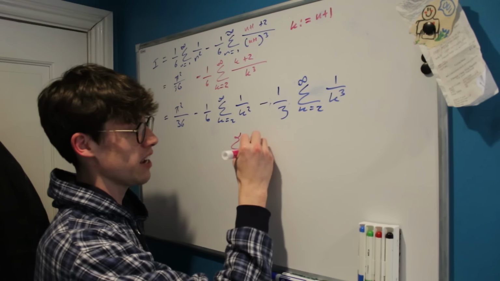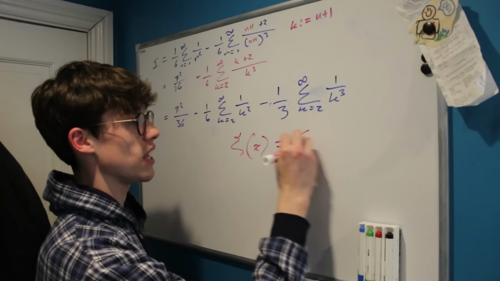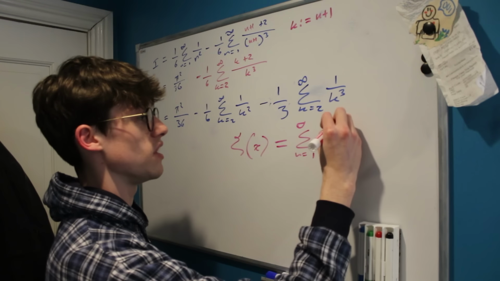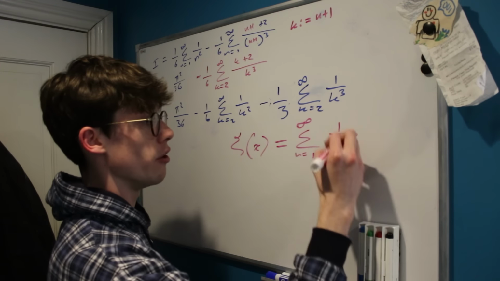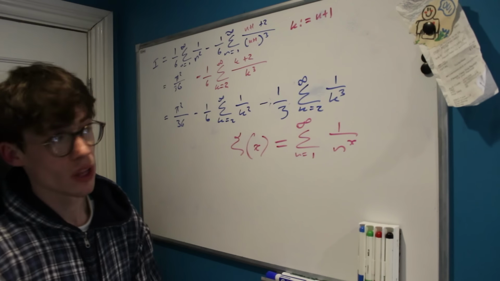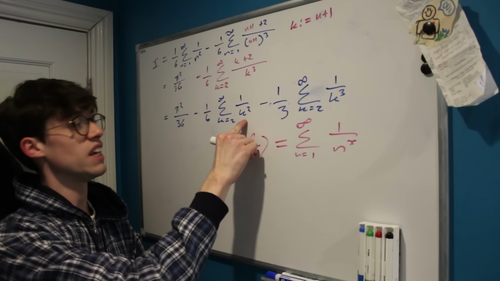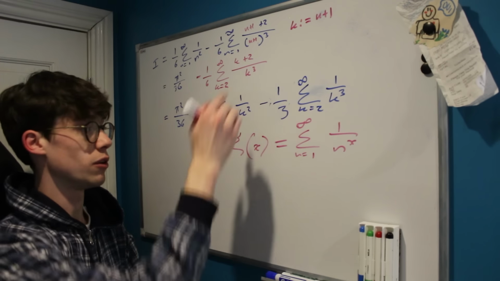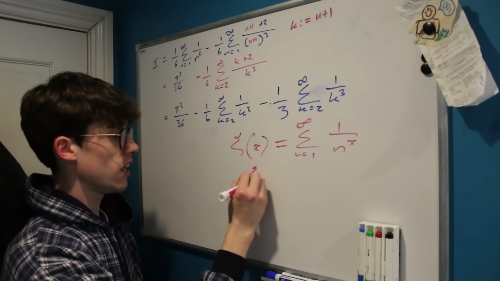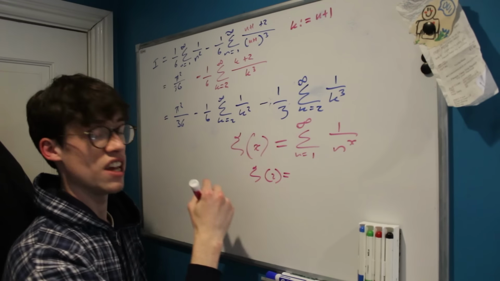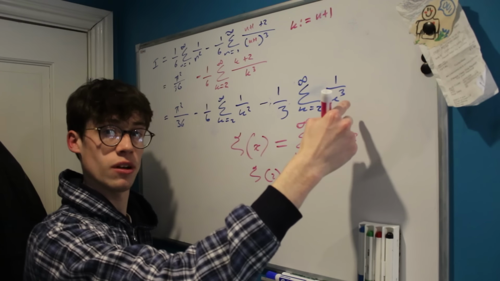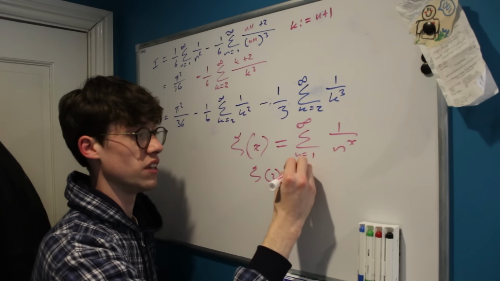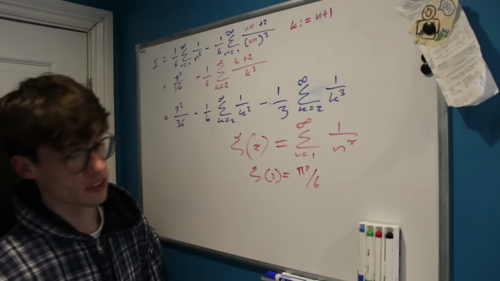Zeta of x is defined as being equal to the sum from 1 to infinity of 1 over n to the x. So we can clearly see that the problem we looked at earlier, the Basel problem, the sum from 1 to infinity of the reciprocals of the squares, is equal to zeta of 2, because that's when we're summing 1 over n squared, and we know it's equal to pi squared over 6.